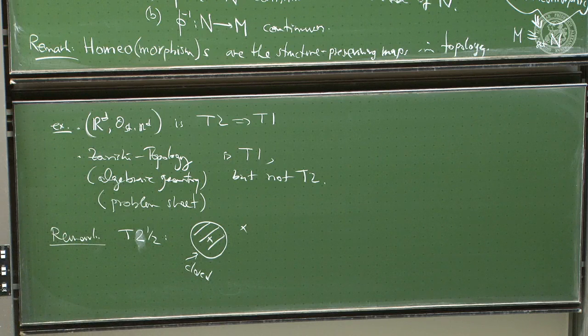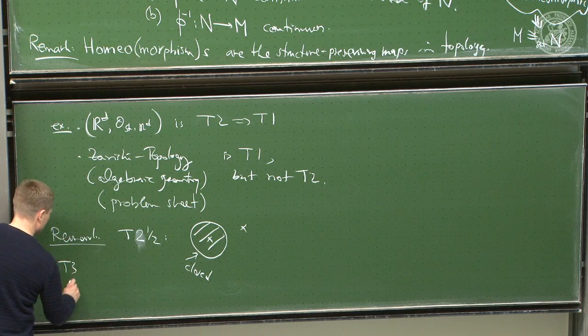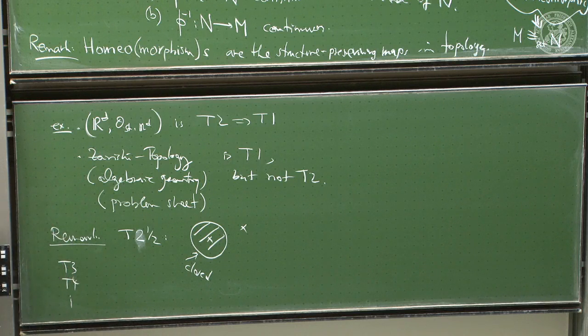Okay, so that's T2.5, and then there's T3 and T4 and whatnot. There are stronger and stronger separation axioms, and the original one by Hausdorff is that one, but you see there are situations in which you want one and then the other and so on.